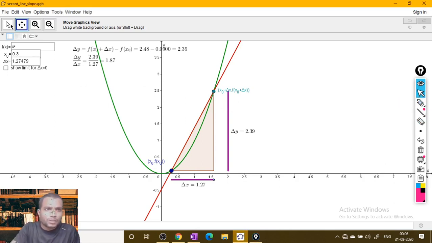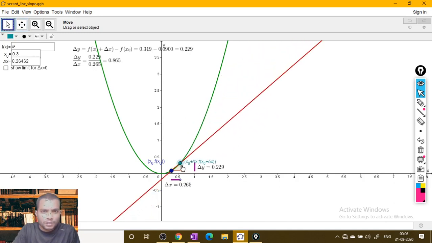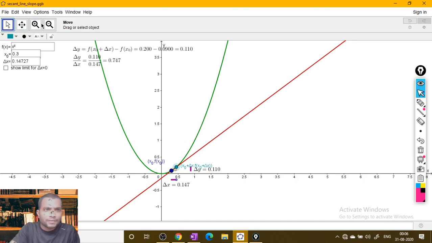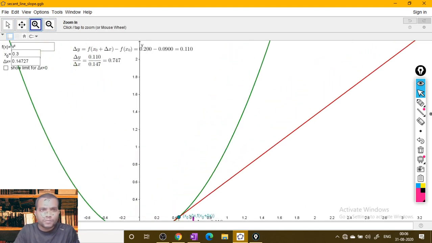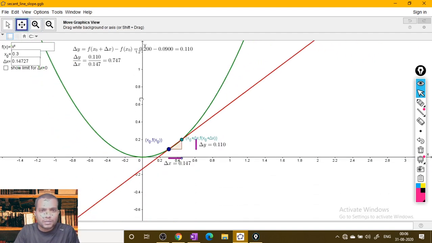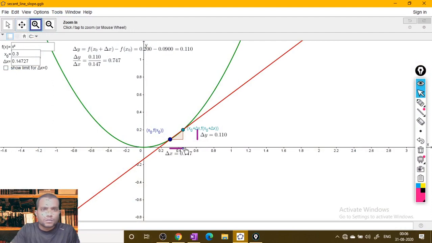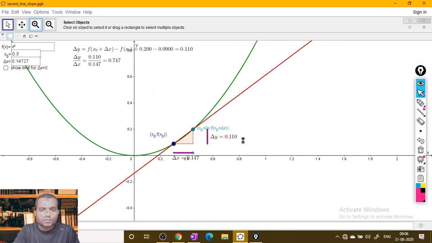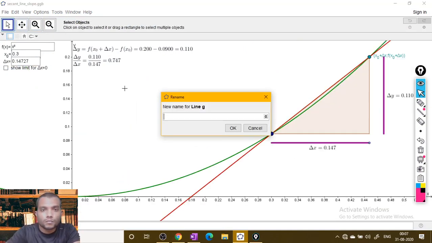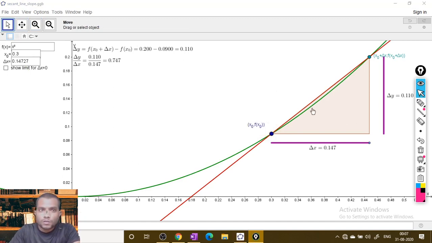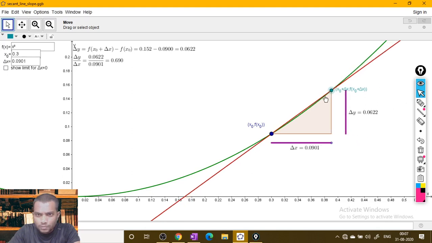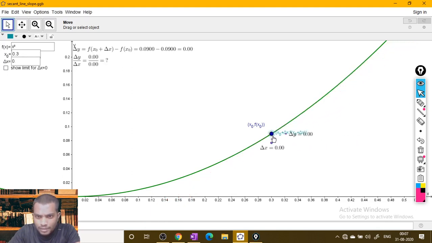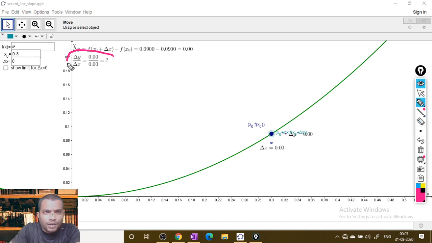Suppose I bring these 2 points close to each other, still they have a certain difference. Suppose you zoom in on this particular location. If I bring these points closer, one upon the other, and now bring these 2 points to a single point, let's see what the value of delta y upon delta x is.